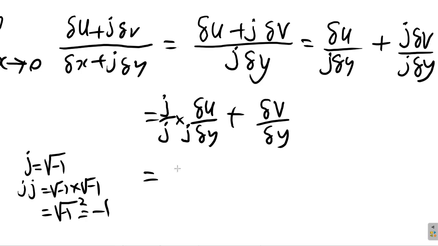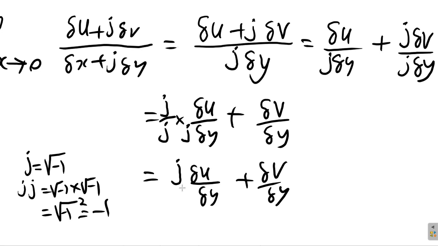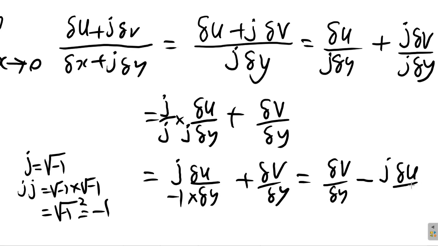So what we have here is j del u over del y plus del v over del y. But under here, we have del y times negative 1. You see that? So, what would we have here? It would be del v over del y minus j del u over del y.